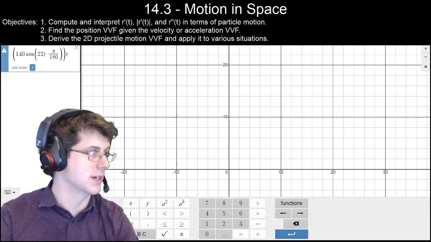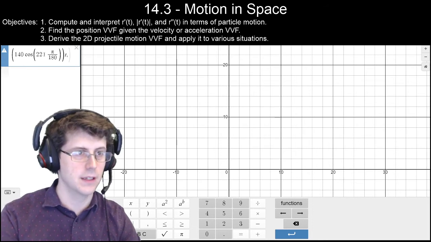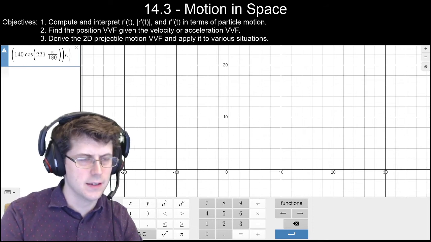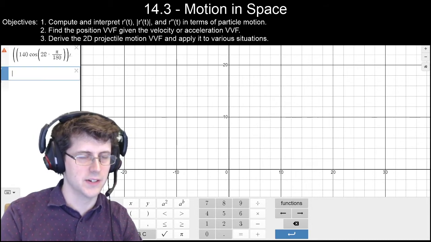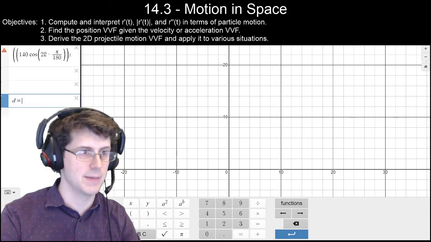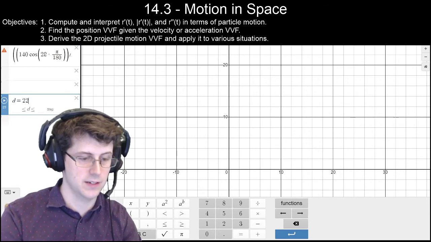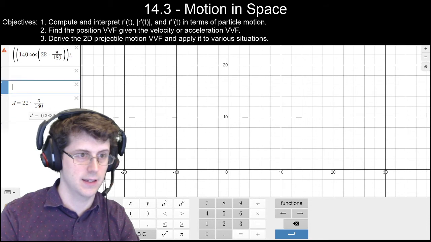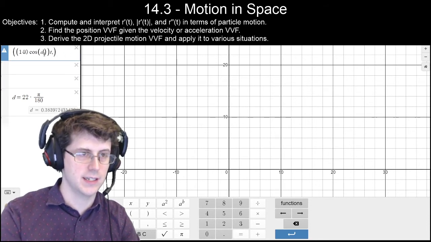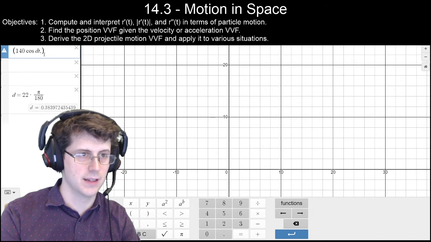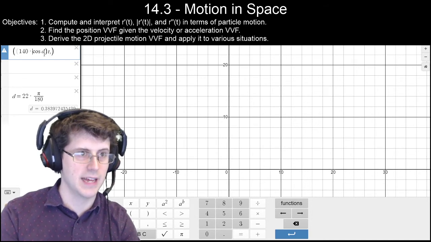That's in my x-coordinate. And then I need... Man, this 22 degrees number is going to be really annoying. So I'm going to name it. D is 22 pi over 180. You should do this when you're writing math or science papers also.